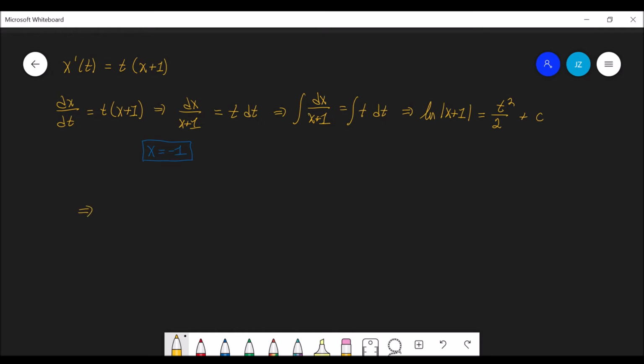So to undo a logarithm, we take both sides as the exponent of base e. So we're left with the absolute value of x plus 1 is equal to e to the (t squared over 2 plus our arbitrary constant), which is e to the t squared over 2 times e to this constant.